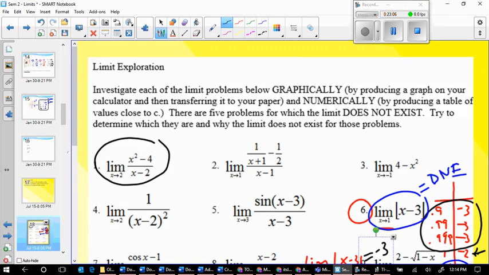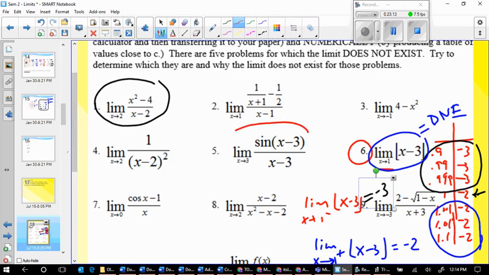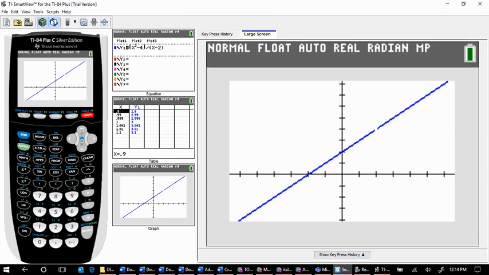All right, let's take a look at another example. Let's do sine of x minus 3, divided by x minus 3. Let's plug that in as x is approaching 3.